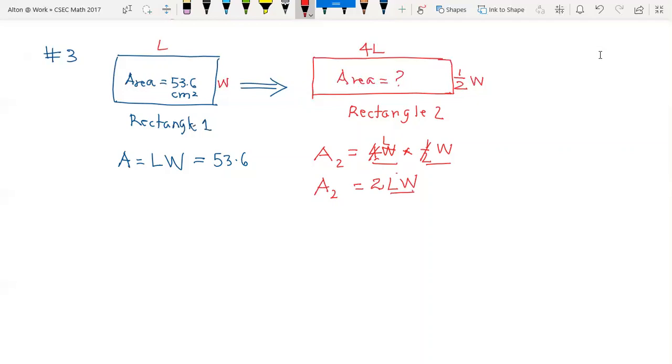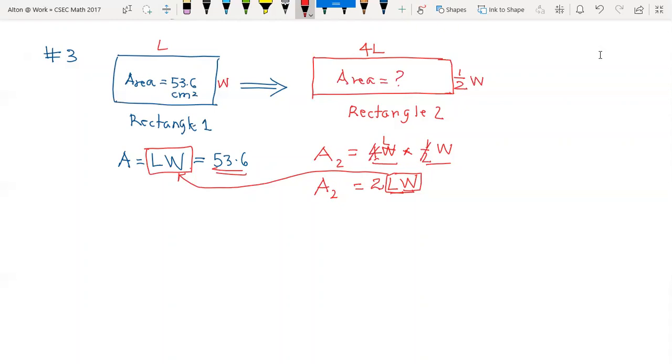Now, we have information about what LW is. LW is right here. That's the area of rectangle 1. And we know LW has a value of 53.6.